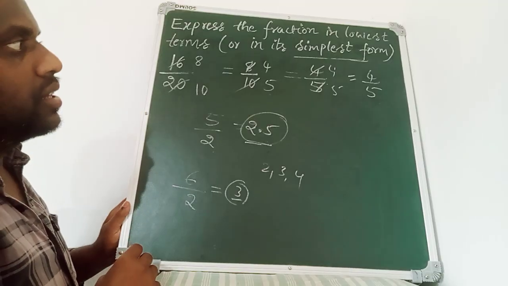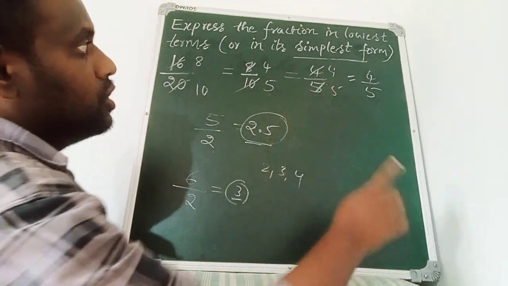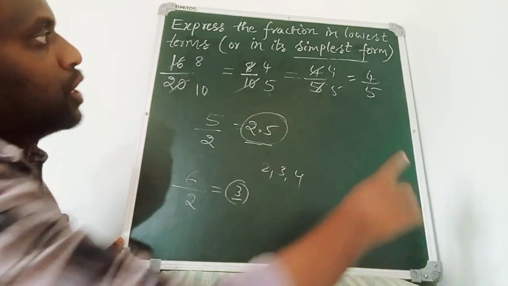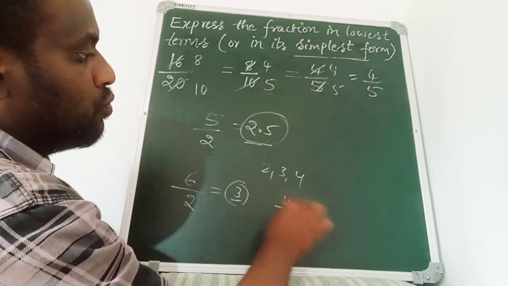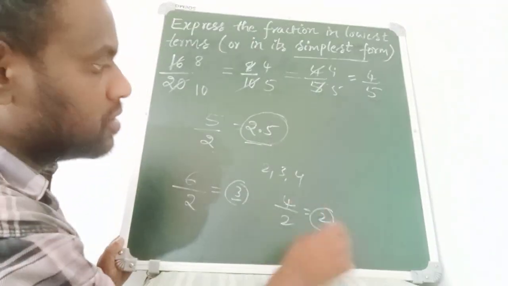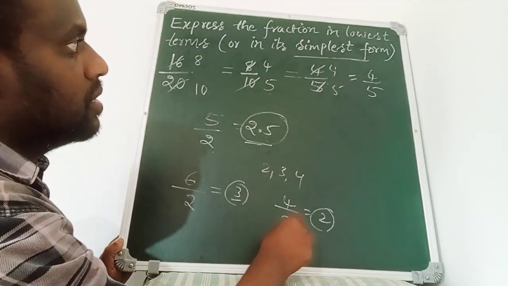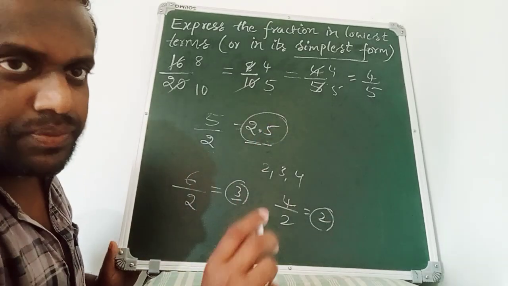That's the meaning. So if you take any number, that number should divide this 4 and 5 completely. If you take 2, 4 is completely divisible by 2 because 4 by 2 is equal to 2. So we got 2, a whole number. That means 4 is completely divisible by 2. But when you take 5, we get a decimal number, so it is not completely divisible.